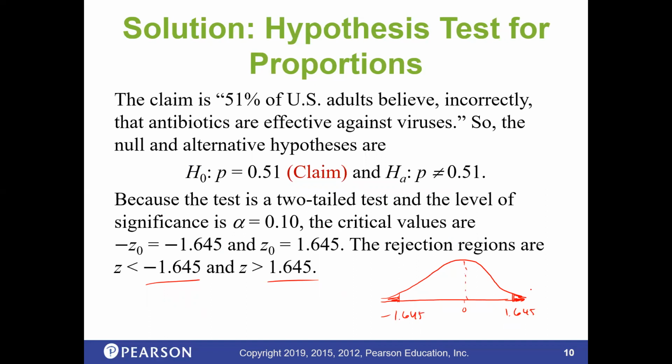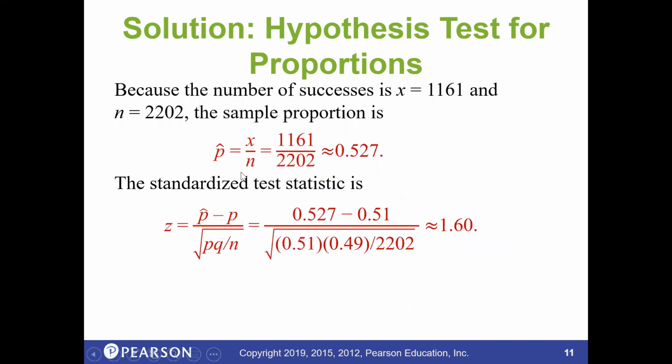All right, all yours then. Calculate the z value here. All right, what we have to do is calculate our own p hat, right? So let's do that here. Our p hat is x, the number of people that said yes in our survey, 1,161, divided by n, which is 2,202.